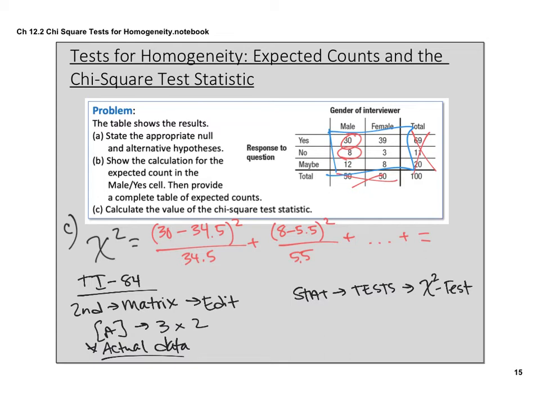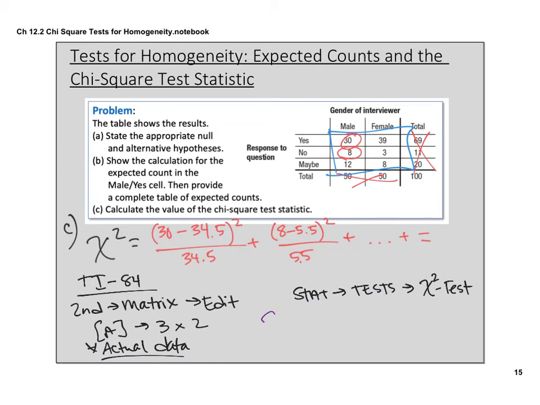And you'll see that it asks you for a matrix. So your observed values are in matrix A. That's where mine are. You don't need to do anything with the expected values. They're going to calculate the expected values. And what it's telling you there is that the expected values are going to go into matrix B. Then you go down and you calculate. And look at that.